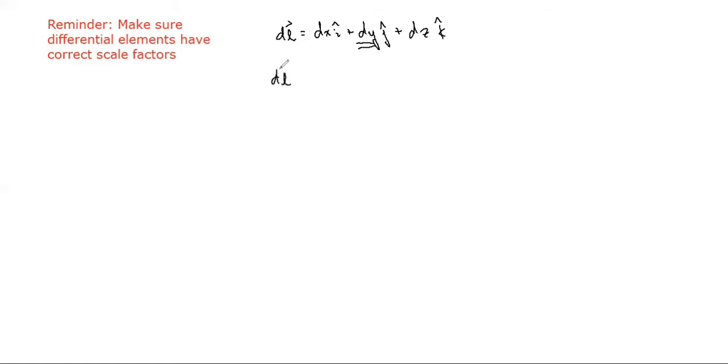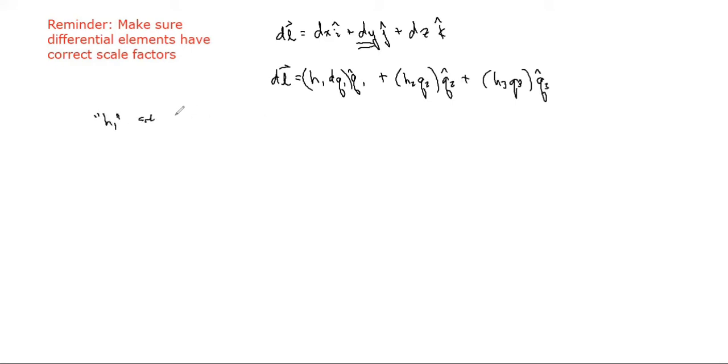So for some generic coordinate system, we're going to use this notation, h1 dq1 q hat 1, h2 dq2 q hat 2, h3 dq3 q hat 3. So these h_i are the scale factors.